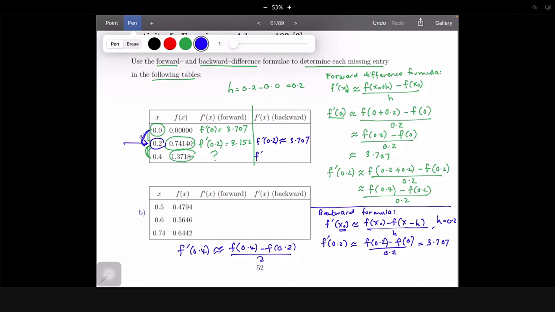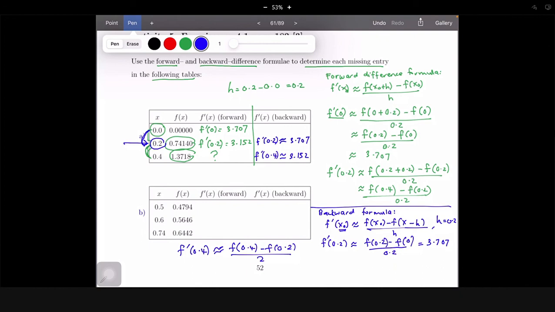So f prime 0.4 nilai dia adalah 3.152. So beza antara kalau kita menggunakan forward dan backward, kita akan dapat dua nilai berbeza untuk setiap derivatif. Disebabkan itu dia cakap dia adalah the approximate value. Dia macam banyak error lah sebenarnya. Error dia quite besar lah.